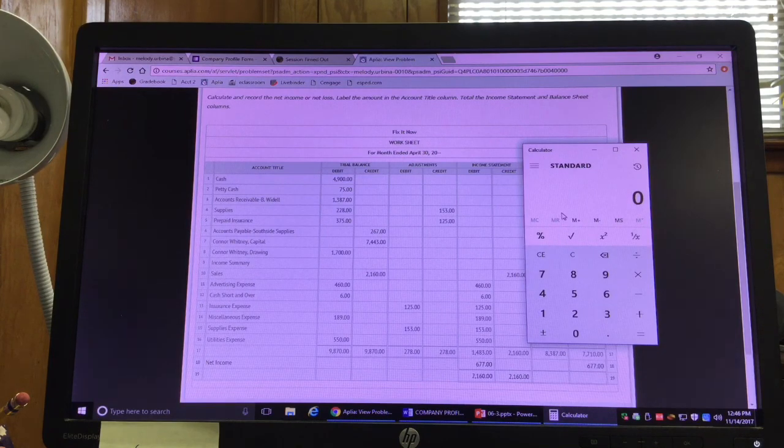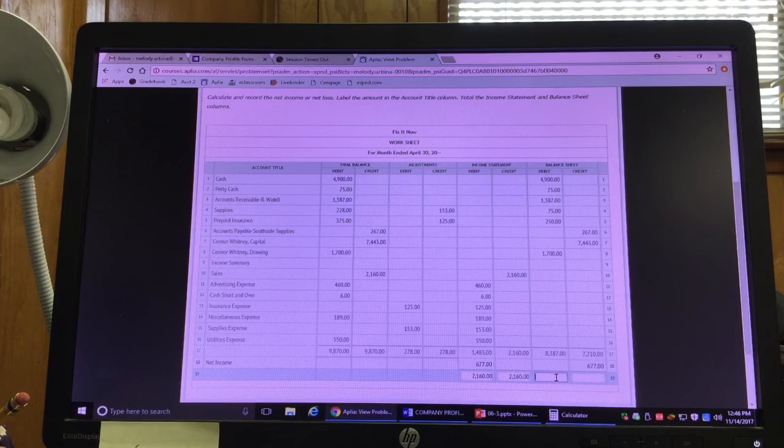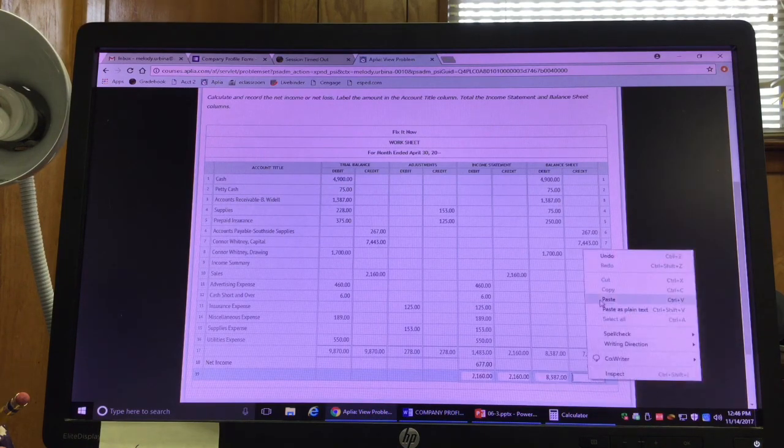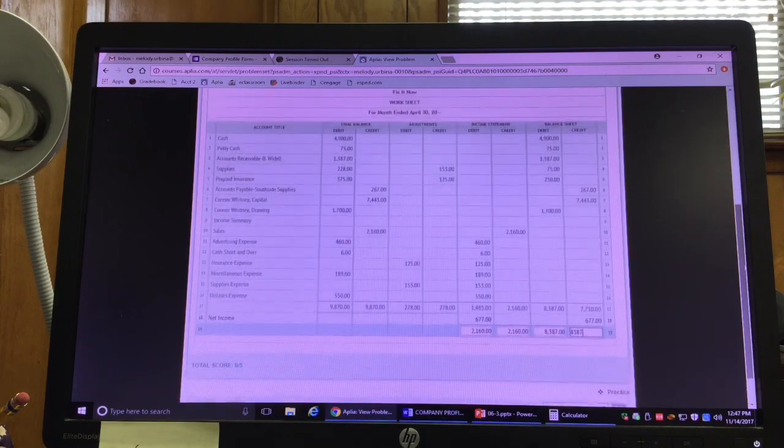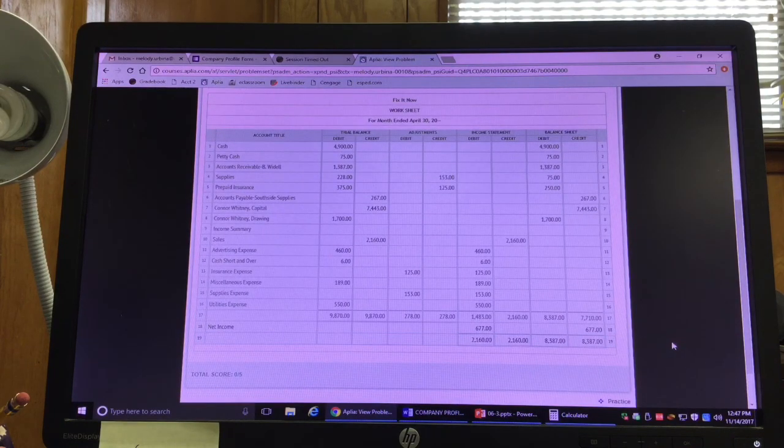So $677 plus $7,710 should give me $8,387, which it does. So my debits now balance and they equal my credits. And we have completed the entire lesson. If you have any questions, feel free to ask me.